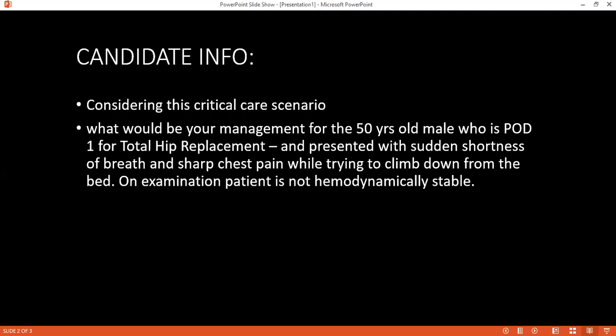Because heparin can be monitored in old patients. But that's what I know, ma'am. If anyone can give any suggestion, I don't know. Unfractionated heparin.